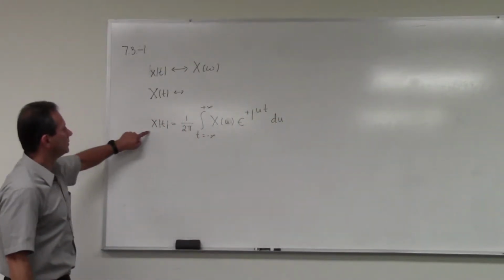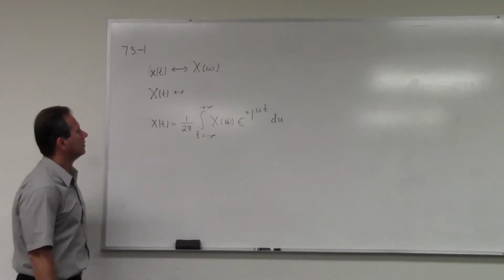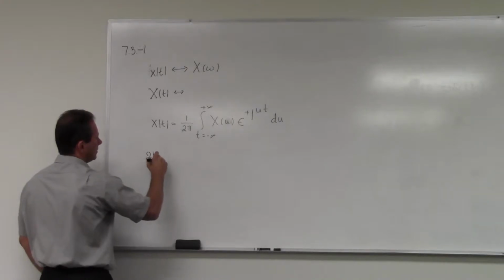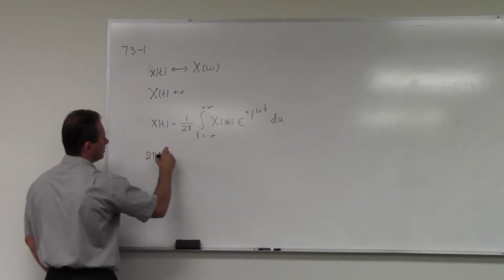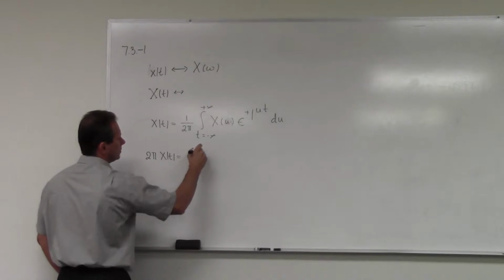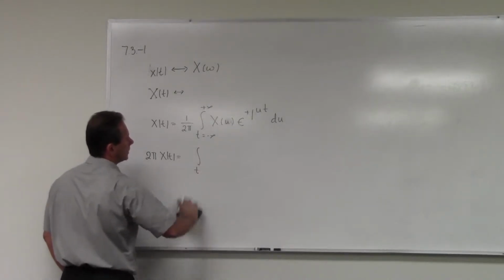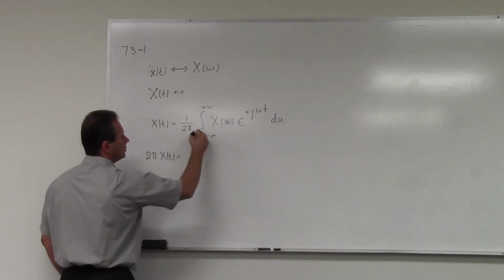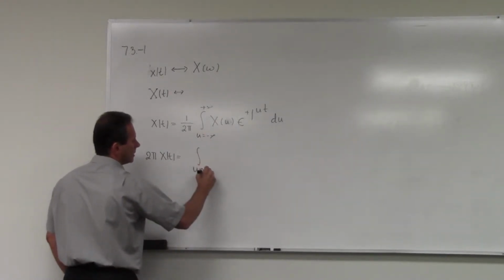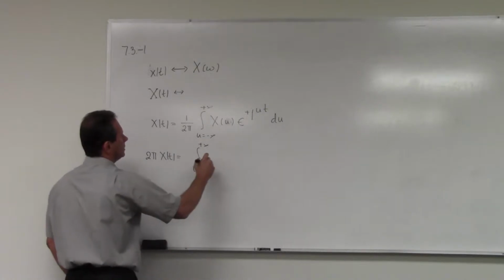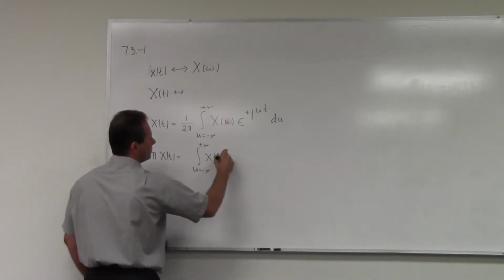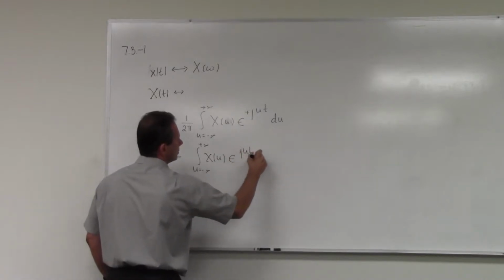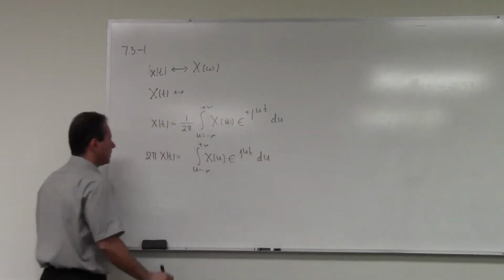In other words, x of t is the inverse Fourier transform of X of u. From here, if I multiply both sides by 2 pi, I can say that 2 pi x of t is equal to the integral, where u goes from minus infinity to plus infinity, of capital X of u e to the j u t du.